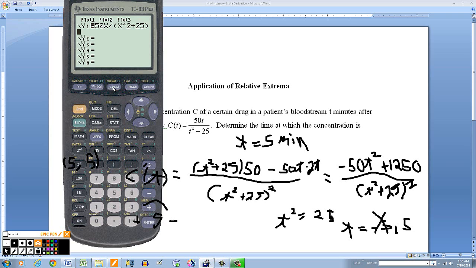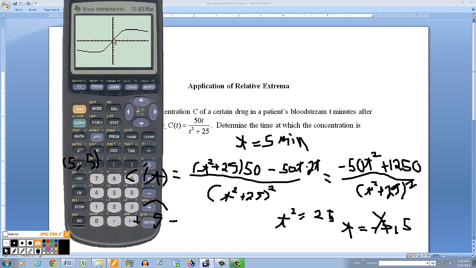And then I'm going to do a zoom 6. Okay. So this is the way it goes. So notice the way on the left side, here's where the negative 5 is. So at negative 5 and negative 5, I should say, there's a relative minimum. And over here on the right side, at 5 and 5, there's a relative maximum.